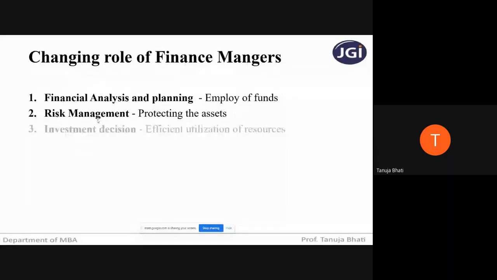Next, investment decisions. Investment decisions is where the financial manager will invest only in those particular projects where he's going to efficiently utilize the funds and get the maximum returns.